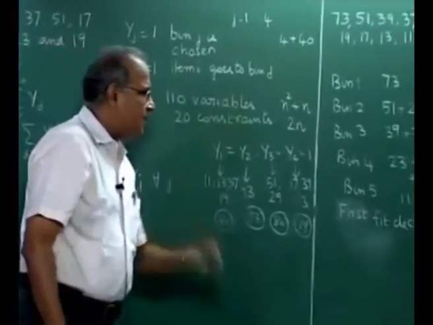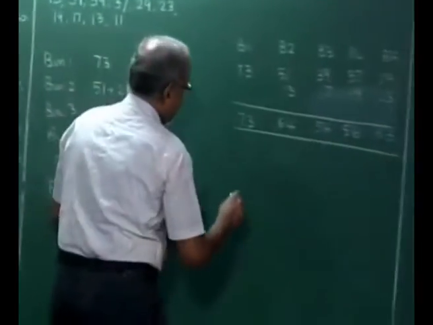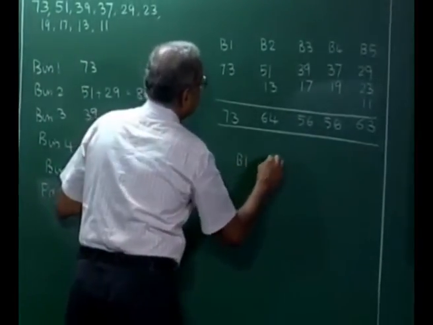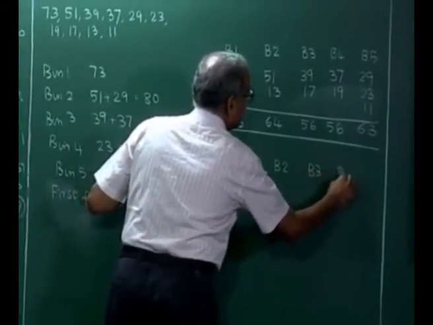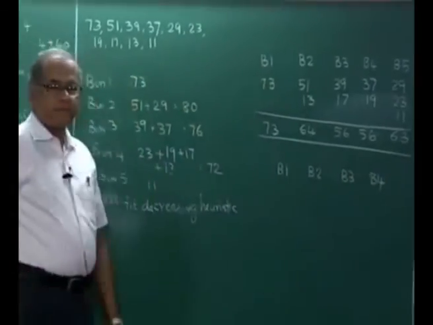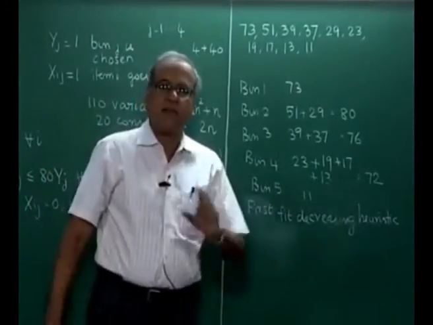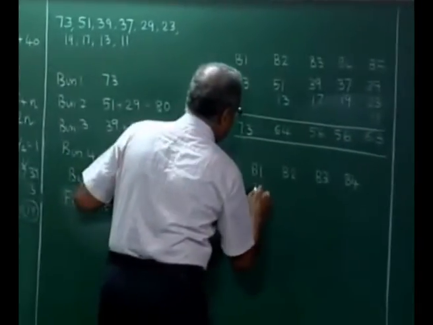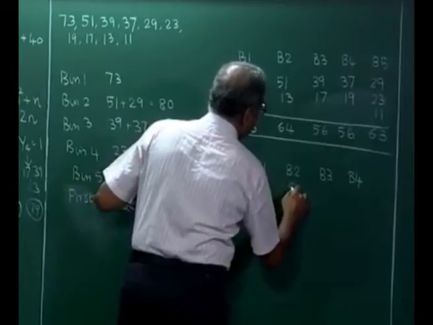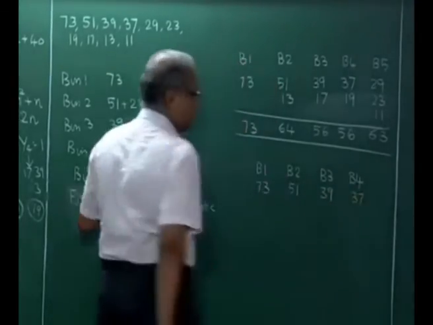Now the same problem we can try something more and see that if we have 4 trucks or bins, what happens to the loads if we start allocating these 10? So 73 will come here, 51 will come here, 39 will come here and 37 will come here.